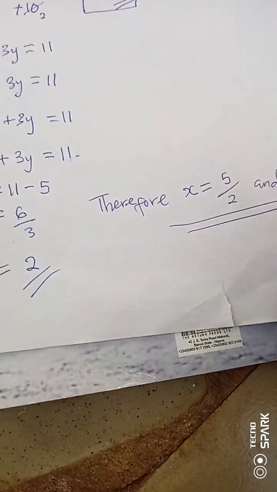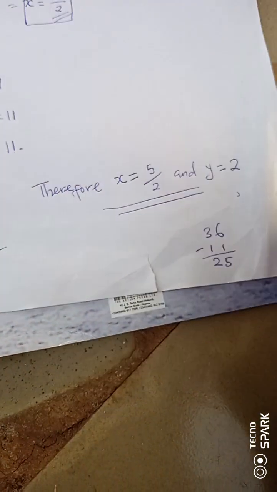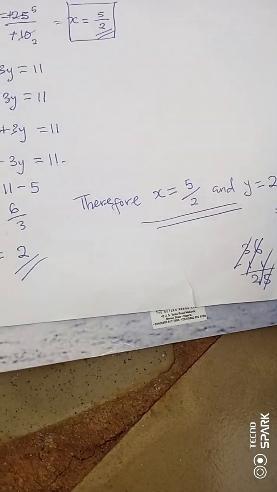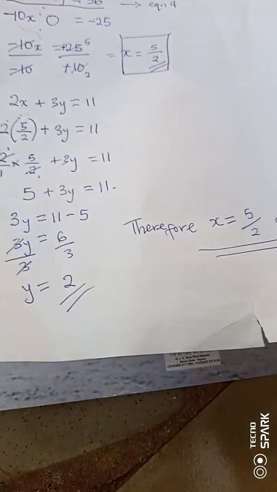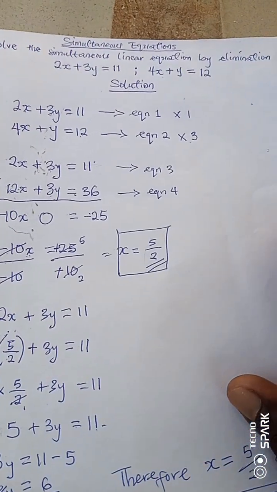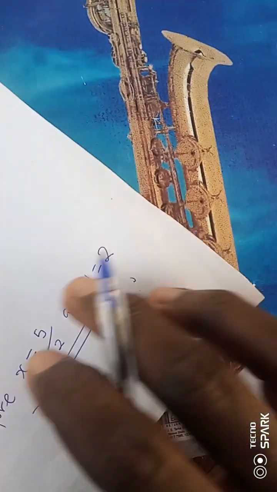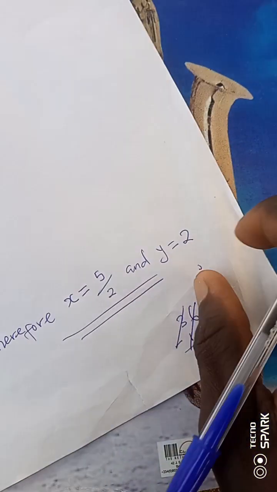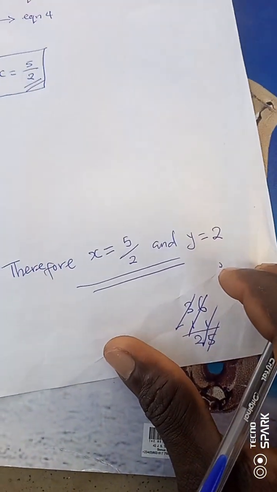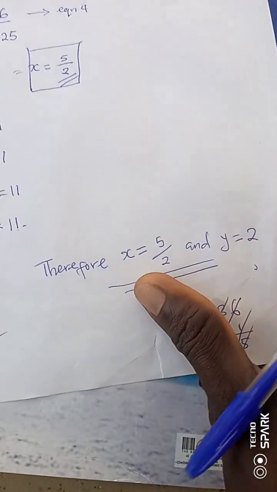This is our final answer. This was just a calculation we did, it's irrelevant. We have come to the end of this simultaneous equation. So the final answer is x is equal to 5 over 2 and y is equal to 2. Those are the values for the variables.